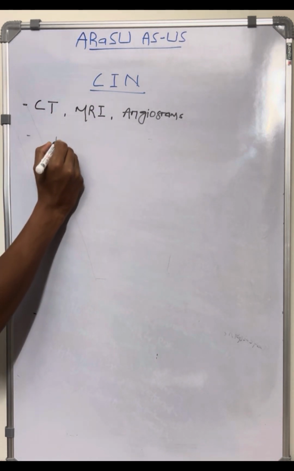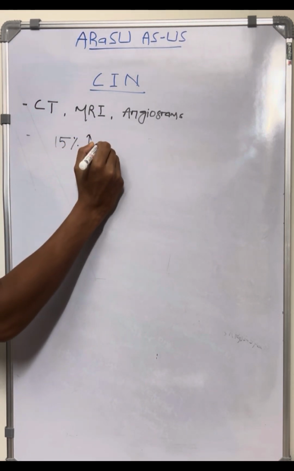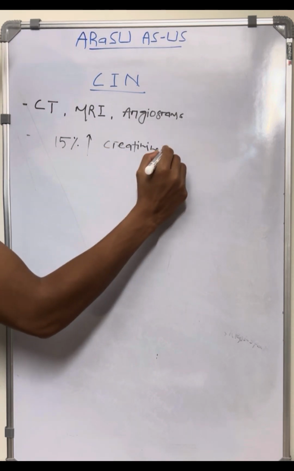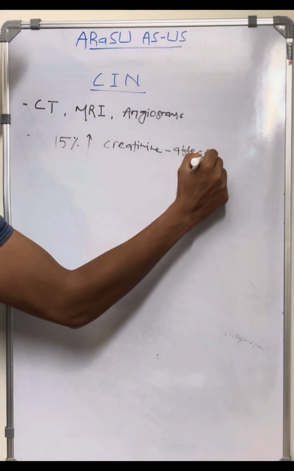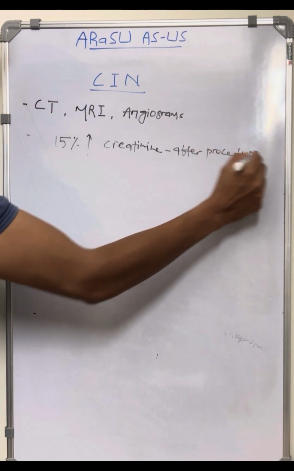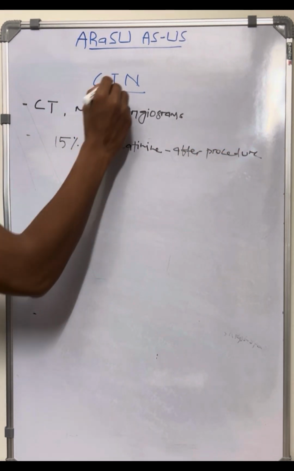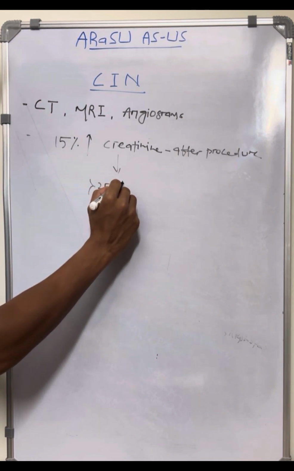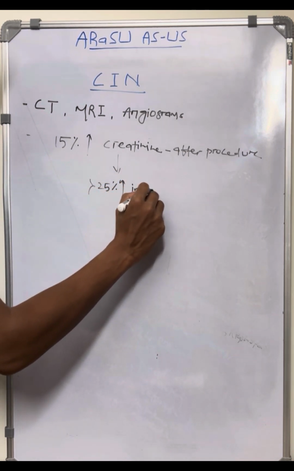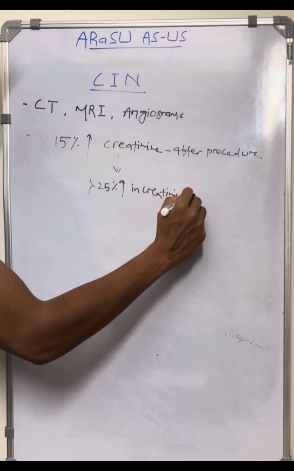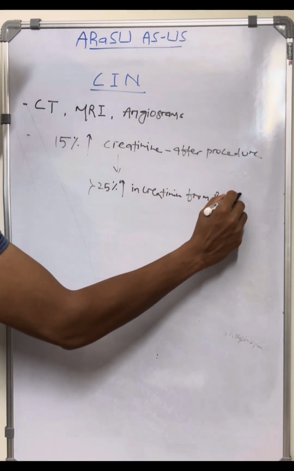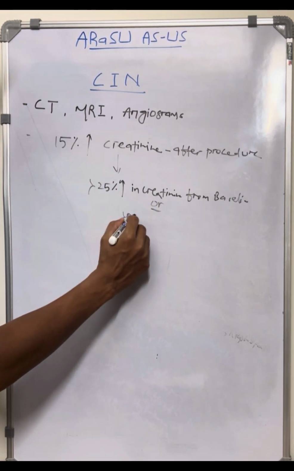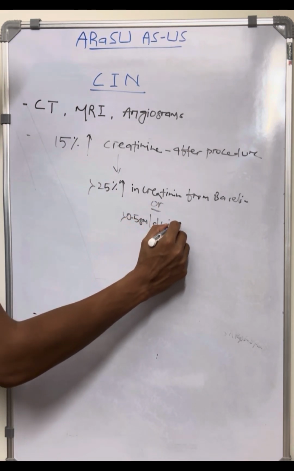Generally, there will be about a 15% increase in the levels of creatinine after the procedure. This is a normal thing which we can see. So when to consider CIN is if there is more than a 25% increase in creatinine from baseline, or a direct increase of more than 0.5 milligram per deciliter in creatinine.